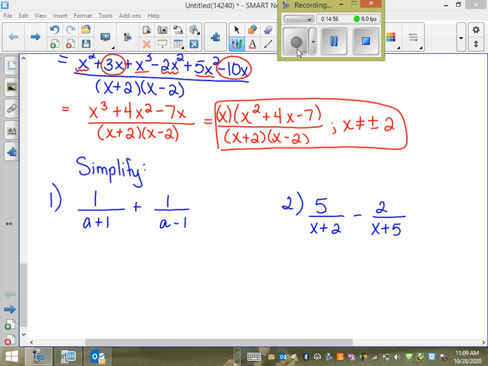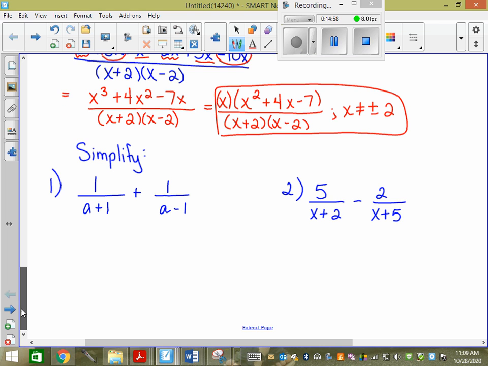All right, so for this one, we have a plus 1, a minus 1. Now, I gave you this one specifically because people try and make them the same. A plus 1 and a minus 1 is equally as off as a plus 7 and a minus 4. You can't make them be the same. These are the ones that get done the most incorrectly on a test because you guys try and make the denominators the same. You can't. A plus 1 and a minus 1 are nothing alike.